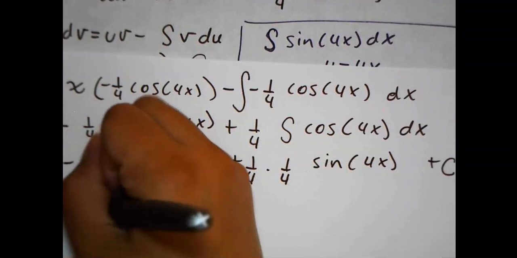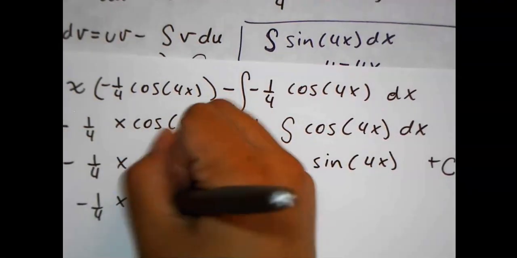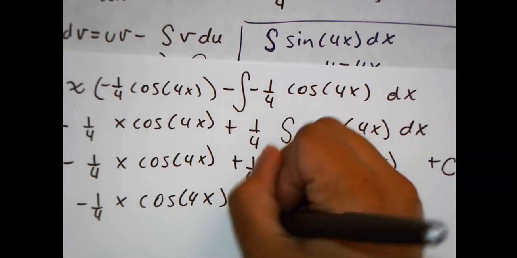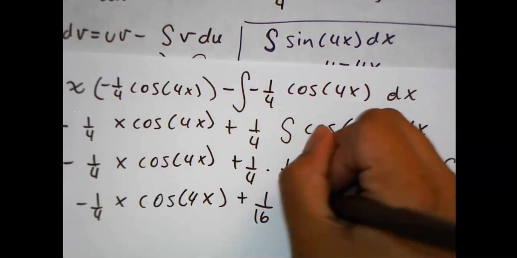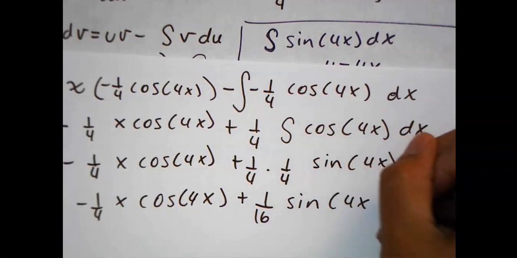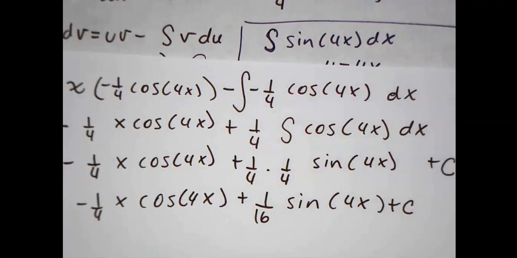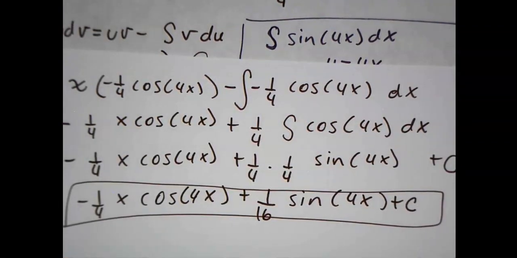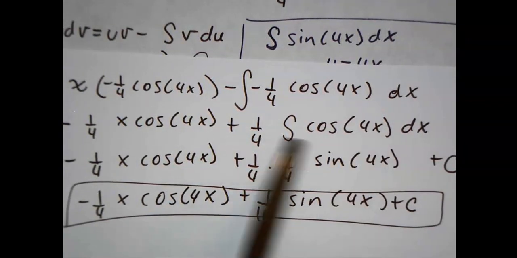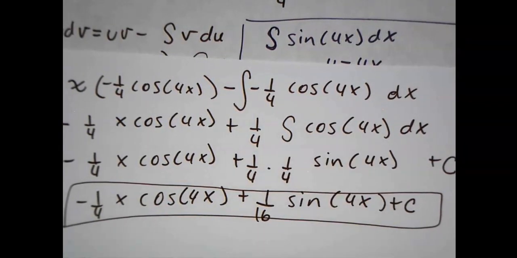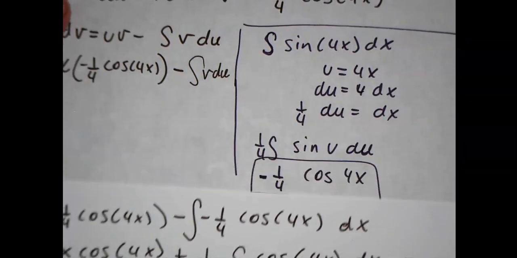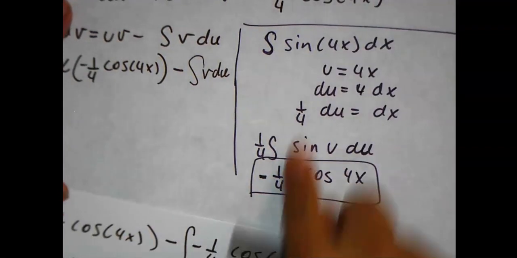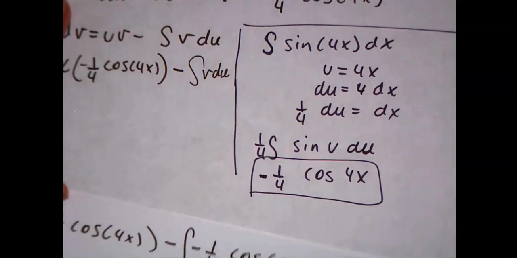Final answer: negative 1/4 x cosine of 4x plus 1/16 sine of 4x. Again, to find the integral of cosine of 4x will be similar to the way I found the integral of sine of 4x.